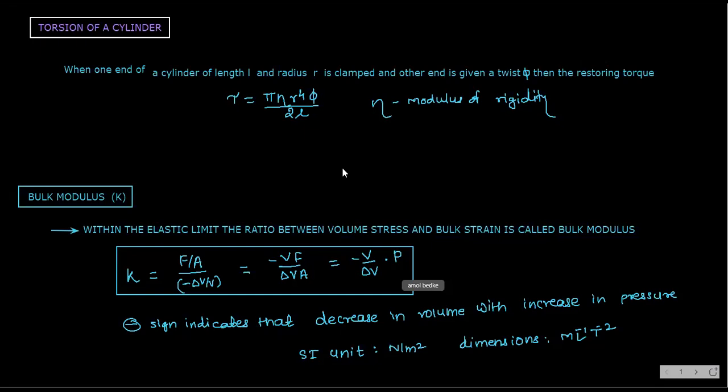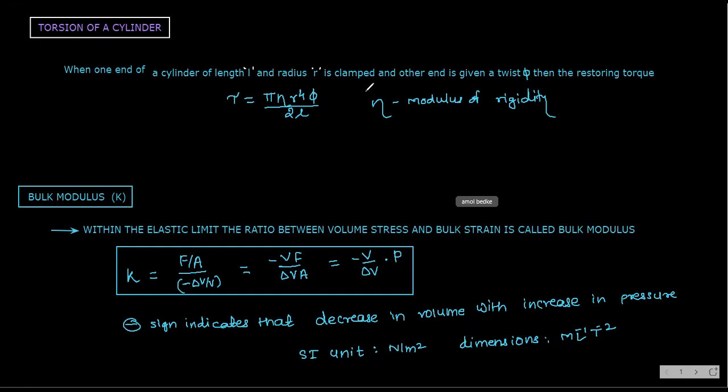So, today we will learn bulk modulus, and this is one note point, that is torsion of a cylinder. See here, when one end of a cylinder of length L and radius R is clamped and the other end is given a twist phi.